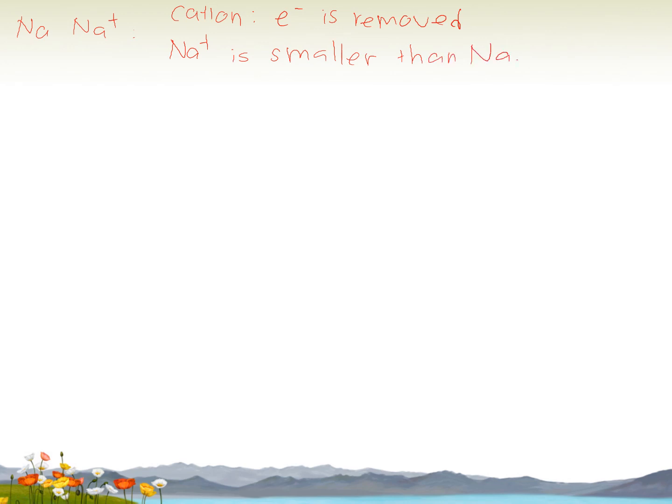Why? When an electron is removed from the valence shell, the electron repulsion decreases.